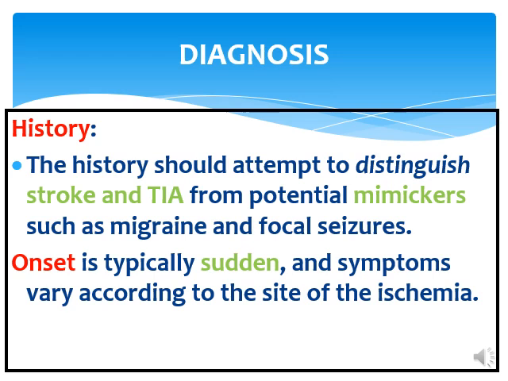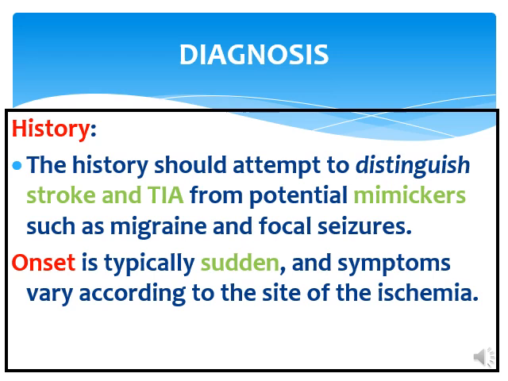So in case of suspected stroke, we have to take a good, thorough history. This history attempts to distinguish stroke and TIA from potential mimickers such as migraine, and we have a kind of migraine which is called hemiplegic migraine, and focal seizures, like motor or sensory attacks of focal seizures on one side of the body with the face.